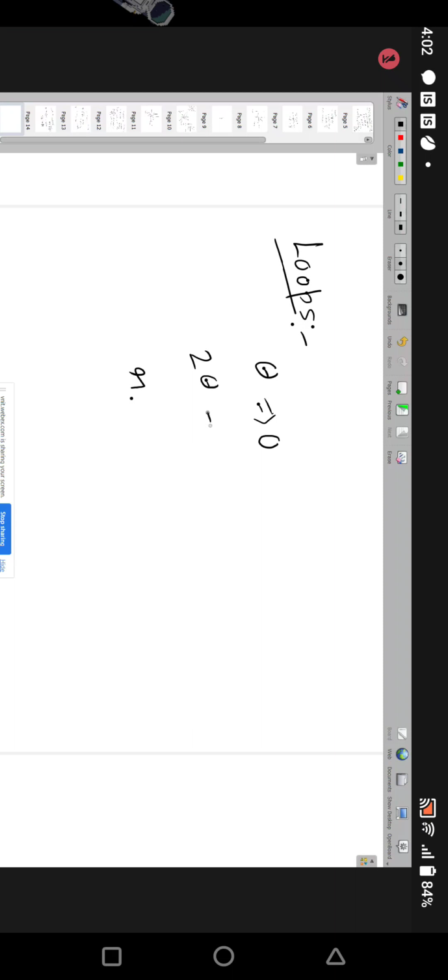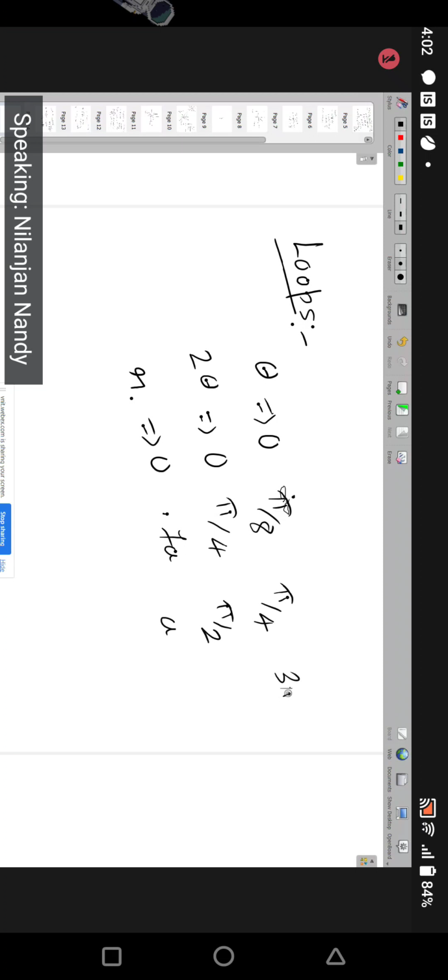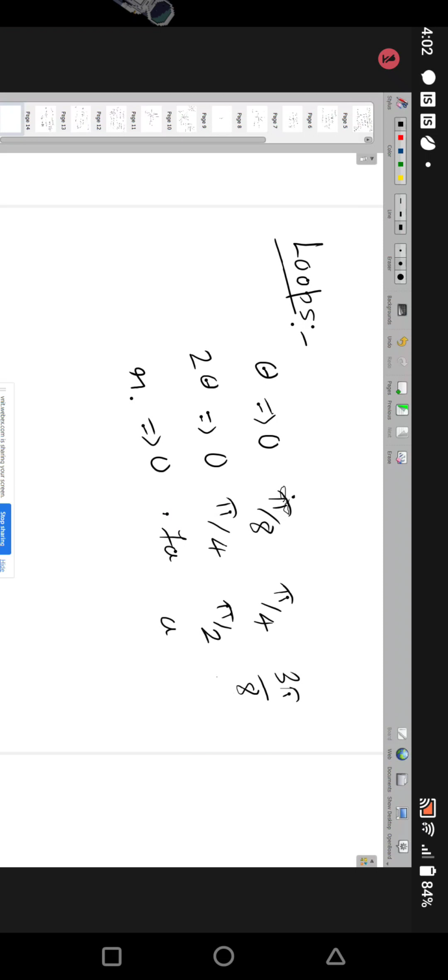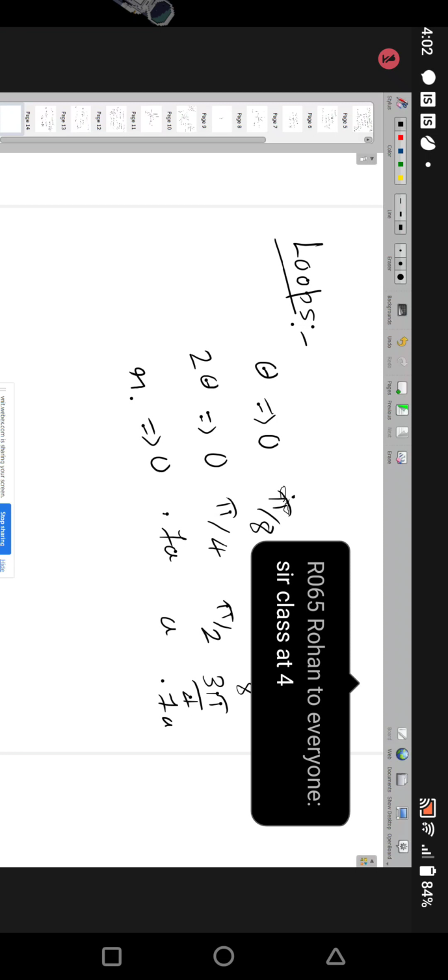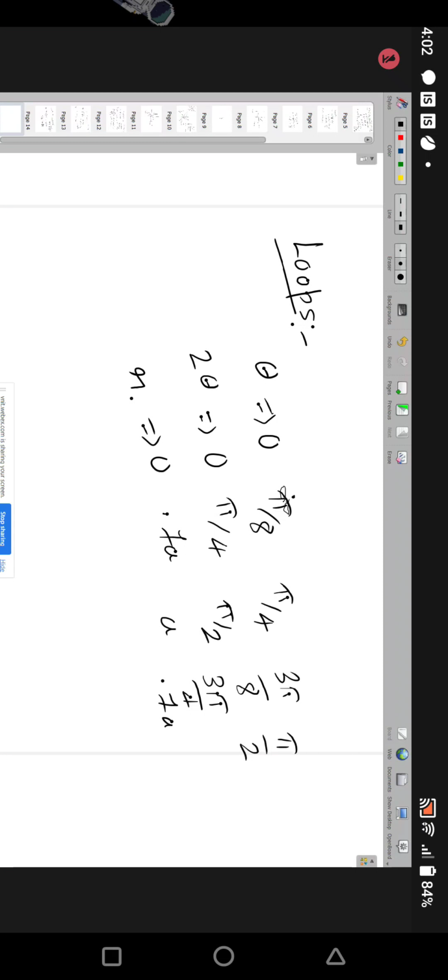So for theta equal to 0, you are having r equals 0. Now for the point pi by 2, you are getting r equals 0 again.